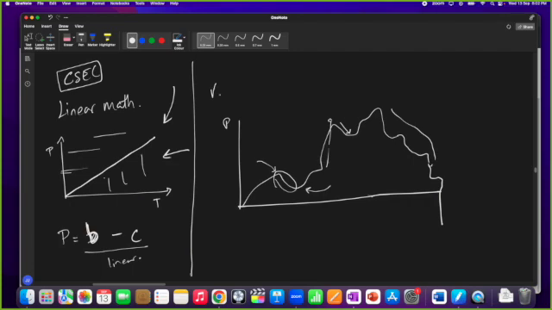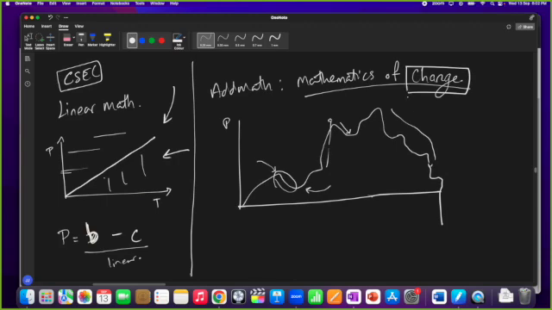So when we're talking about add maths, what we're actually talking about here is the mathematics of change. Everything in life is change. Nothing in life is constant like this.